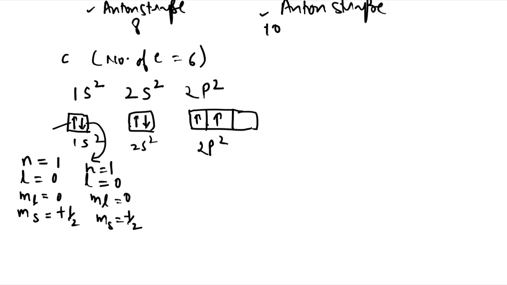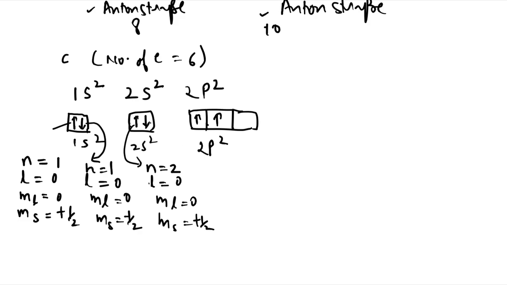Same goes for this electron. We can write all 4 quantum numbers for this electron also. For this particular electron, n is equal to 2, l is 0 since this is an s orbital, ml is also 0, and ms would be plus half.